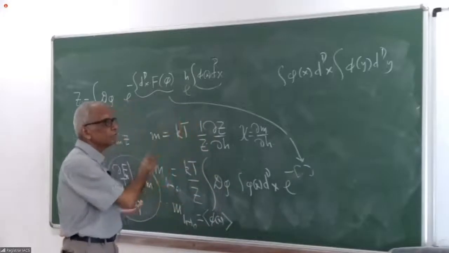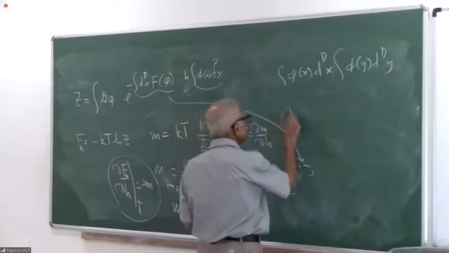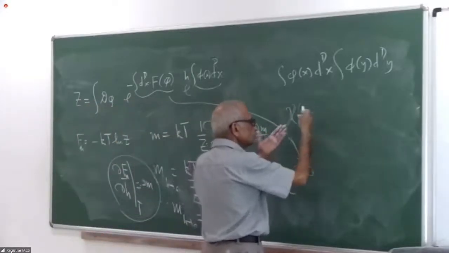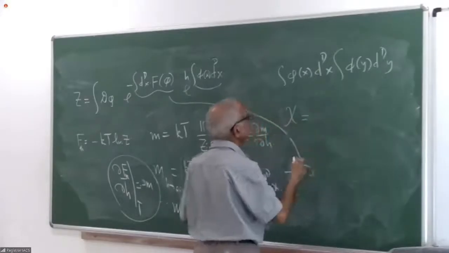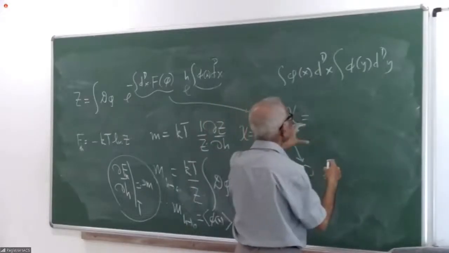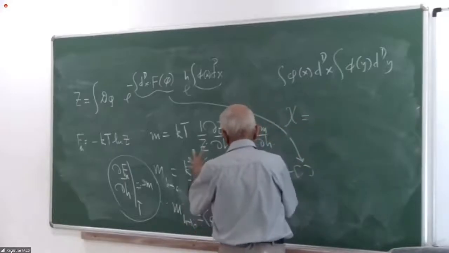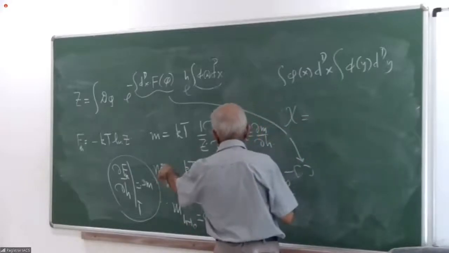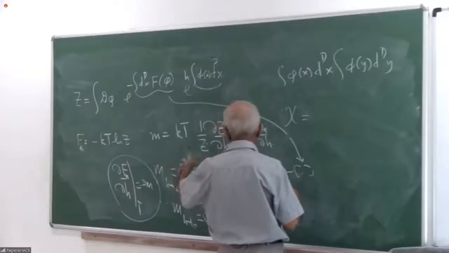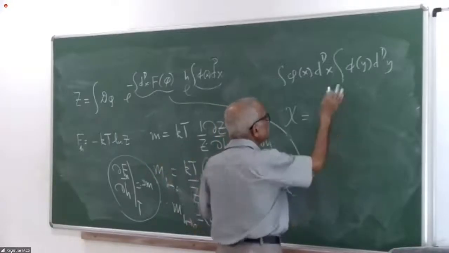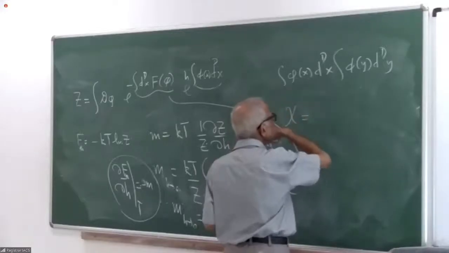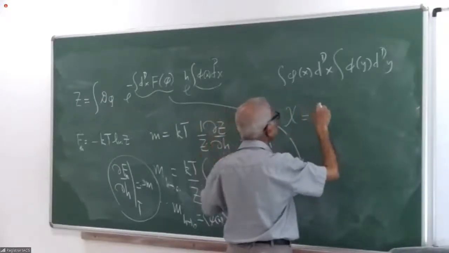The volume comes out, and the susceptibility, therefore, is extensive. The volume comes out over here and is taken care of by the volume that you are going to get somewhere else. Those things take care of themselves.